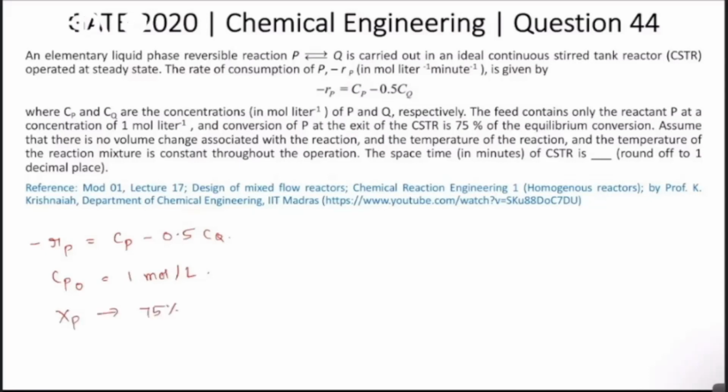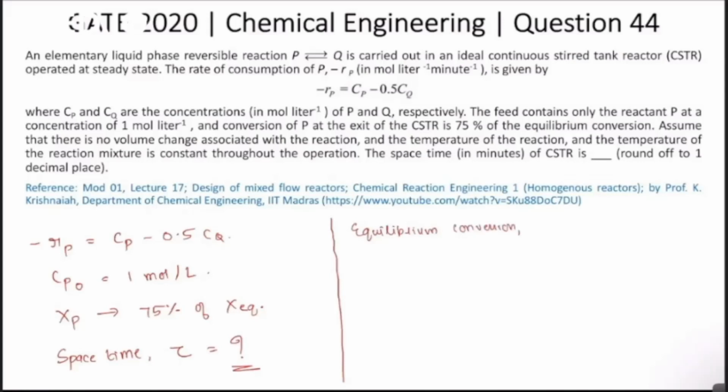Other data that they have given is that the conversion of P, or Xp, is 75% of the equilibrium conversion, which is Xeq. So Xp is equal to 75% of Xeq. And we need to find the space time of the reactor, tau, in minutes. They have also mentioned that there is no volume change and the temperature is also constant.